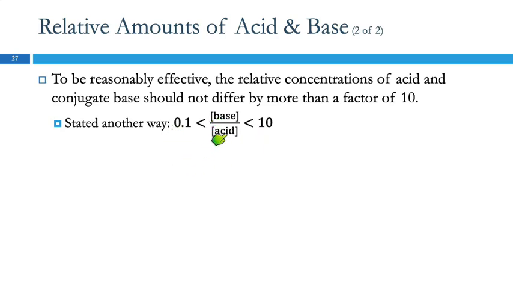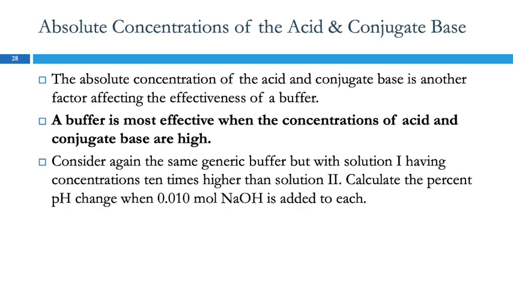At 0.1, the acid is 10 times more concentrated than the base. So relative concentrations are important. Absolute concentrations are also important. The buffer's most effective when the concentrations of acid and conjugate base are high.